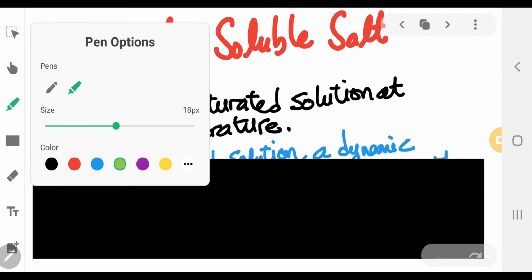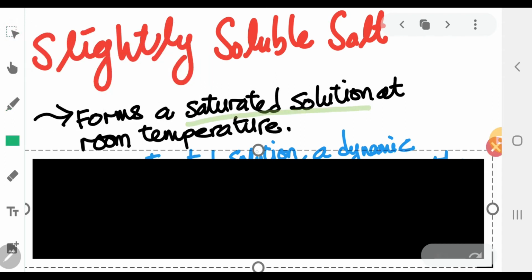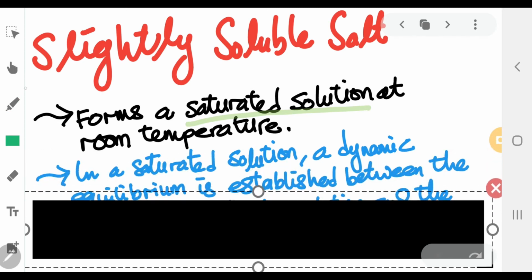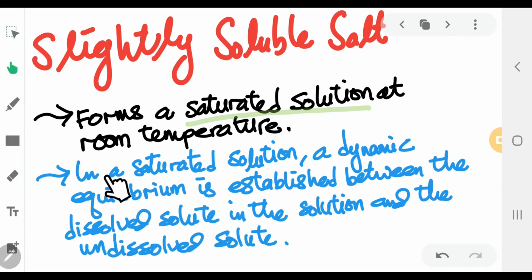Now, the question is, what does it mean by saturated solution? A saturated solution is when the solution will be able to form a dynamic equilibrium. So in a saturated solution, a dynamic equilibrium is established between the dissolved solutes in the solution, in the form of ions, and the undissolved solutes of the salts in the form of solids.